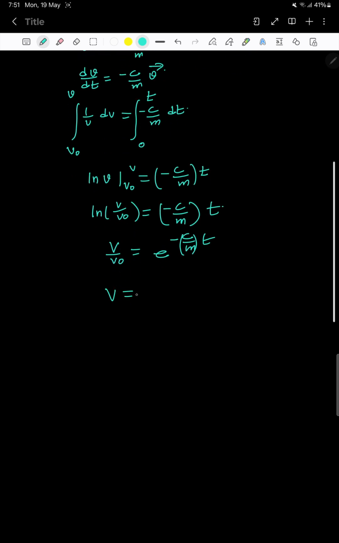From this, v is equal to v naught e power minus c by m times t.